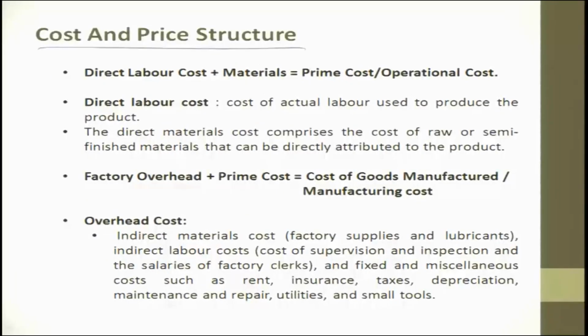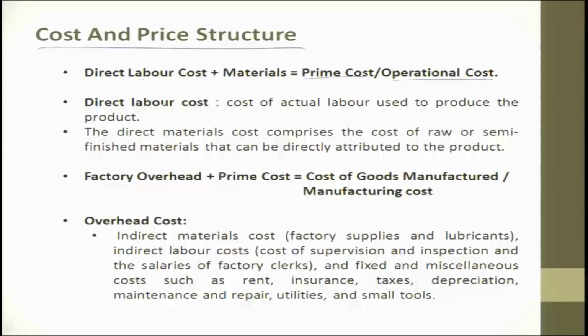Cost and price structure. Direct labor cost plus material cost is equal to prime cost. Direct labor cost is the cost of the actual labor used to produce the product. Since the labor cost is going very high, today there is a lot of demand for automation.